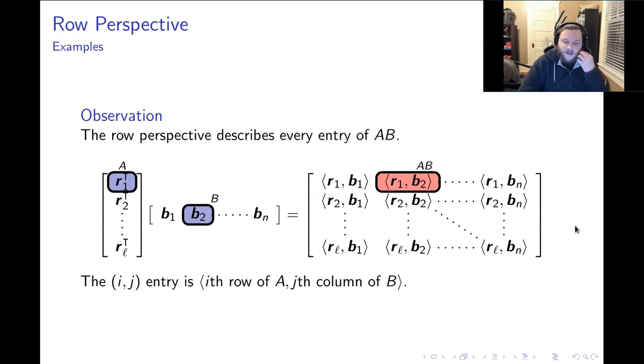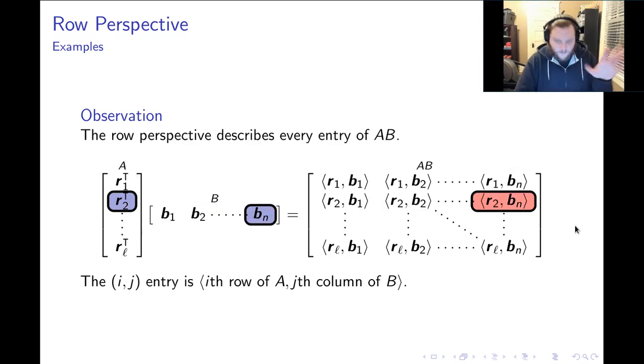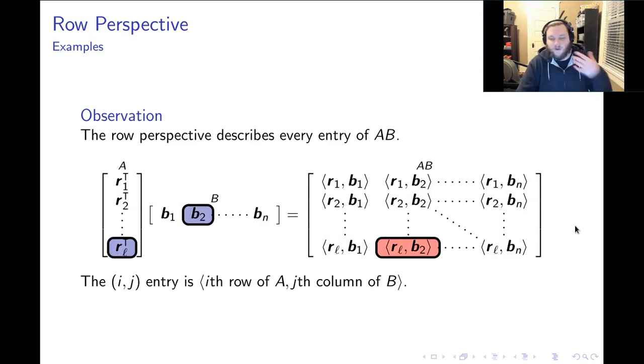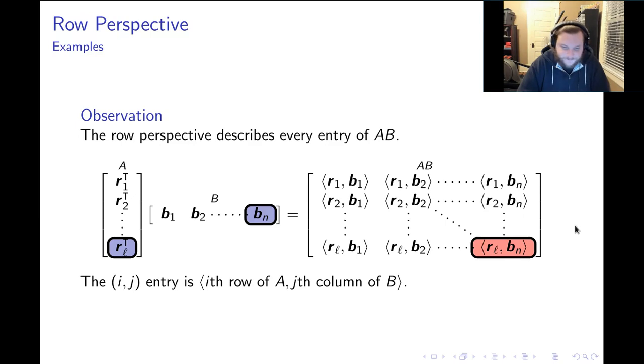Each individual inner product of the rows in the first matrix and columns in the second matrix is used to build all of the entries of the product.